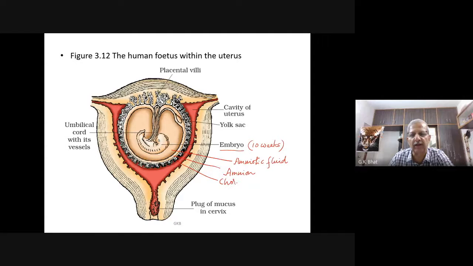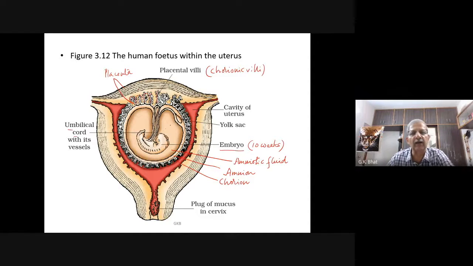Chorion is mainly concerned with respiration. It forms the chorionic villi. These chorionic villi are also called placental villi. Chorionic villi, along with the maternal tissue, form the placenta. We also come across another structure called the umbilical cord.